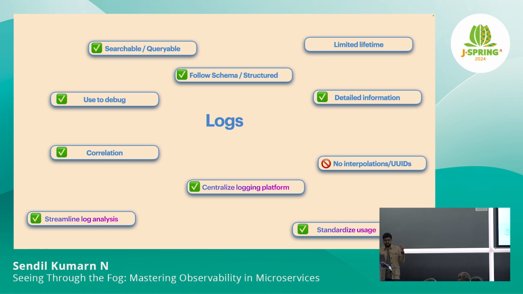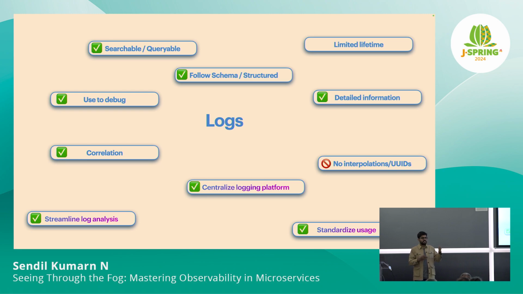So logs need to be searchable. They should not have any information about a person, like an ID or something like that. No personally identifiable information should be there. And you can use them to debug. When you have a microservice environment, you should have a correlation ID.